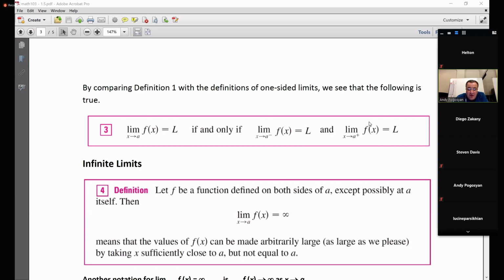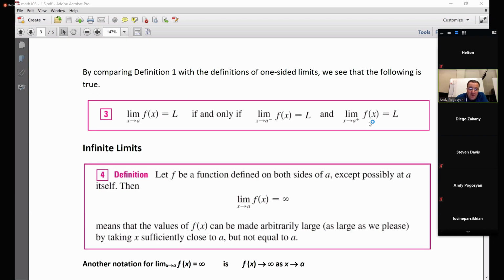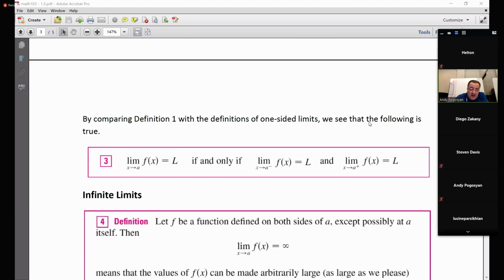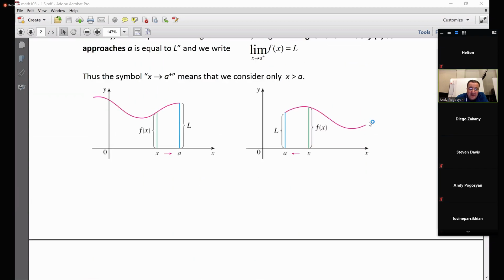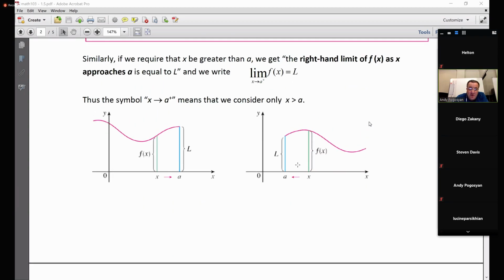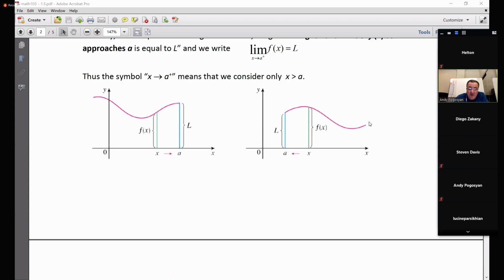When you need to include the endpoint, then you need to discuss it separately. That's why we have left and right hand limits. So if you're evaluating a limit on a certain interval, it means all the points, but the endpoint should be discussed separately.